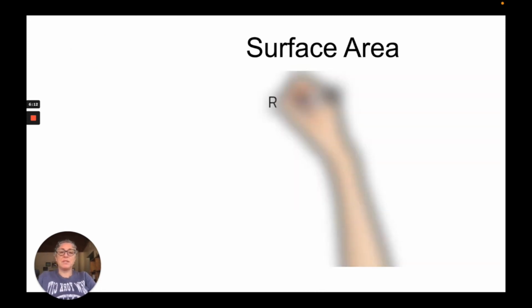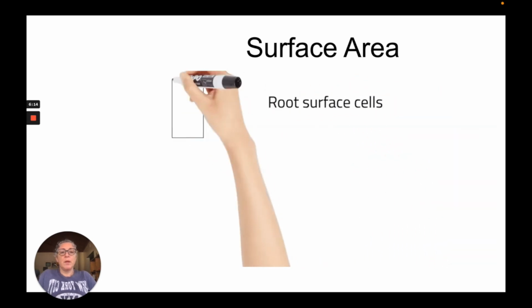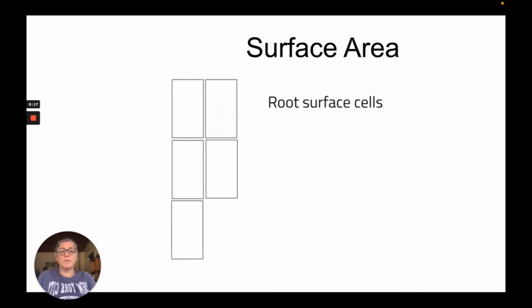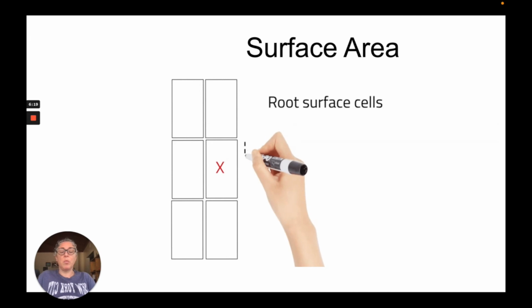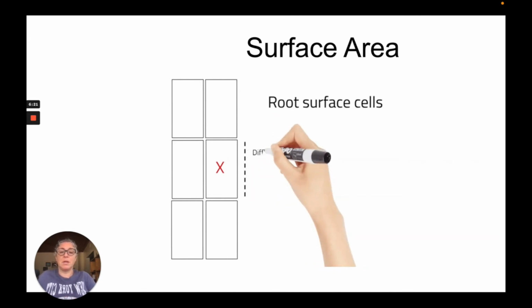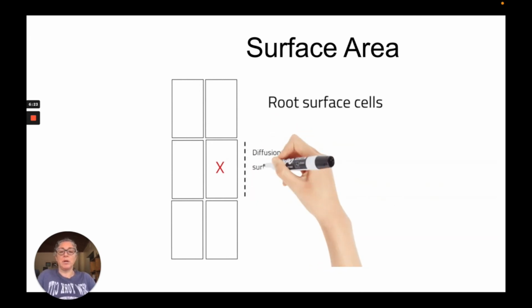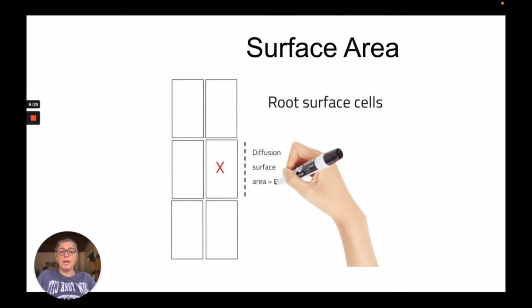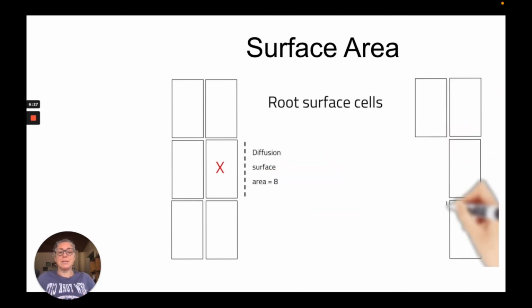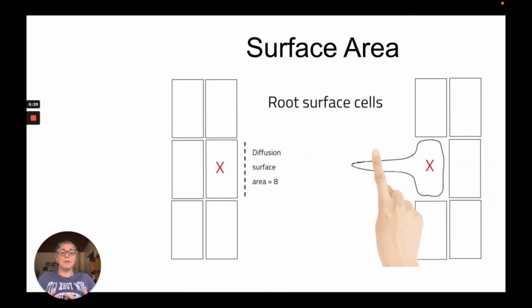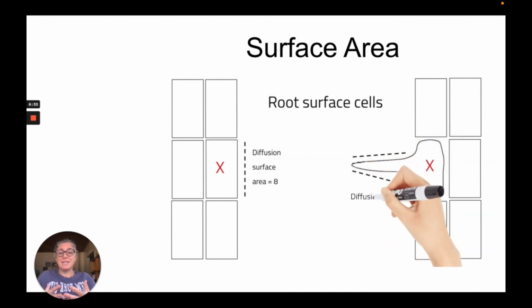Finally, we get to surface area. We're going to look at the root surface cells where molecules would diffuse in, whether it's mineral ions or water. If we have a plain cell without the extension of the surface area, then the surface area in this case, according to the measurements in the little doodle, is 8.